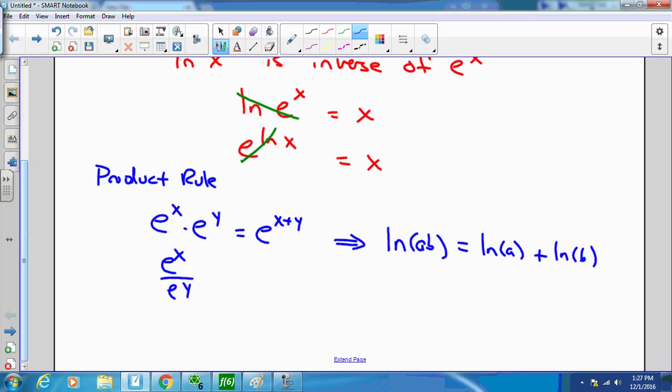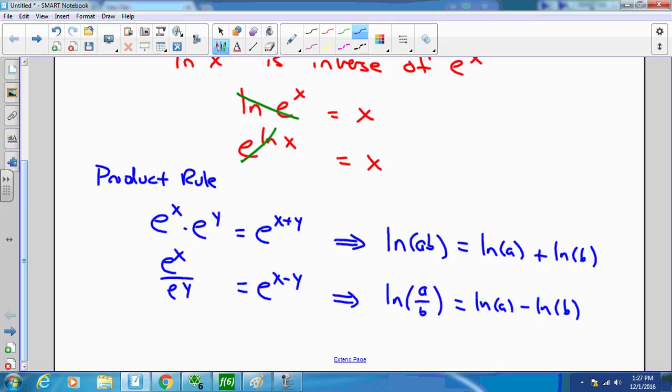Likewise, because e to the x over e to the y is equal to e to the x minus y, therefore, natural log of a over b equals natural log of a minus natural log of b.